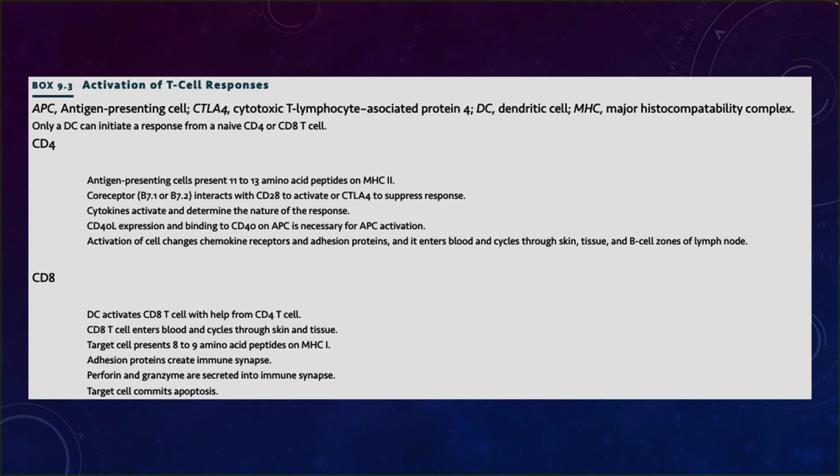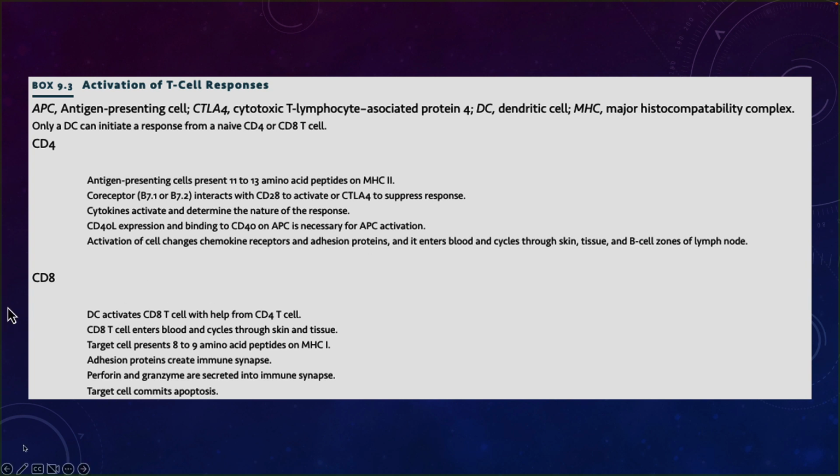MHC class 2 is found only on professional antigen-presenting cells, so things like macrophages or dendritic cells. And the idea here is that these help drive other immune responses to help eliminate infection.